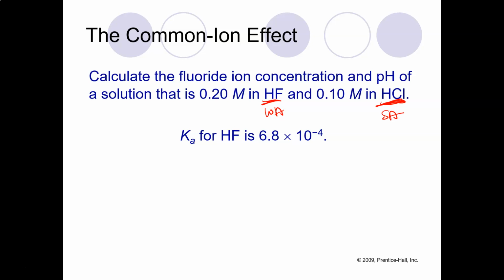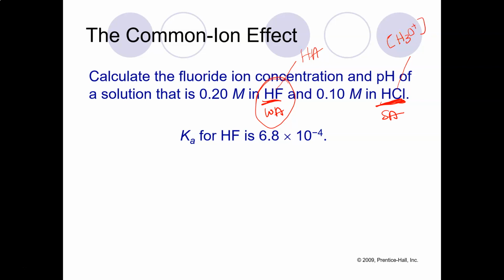Okay, so we have this situation. We've got a weak acid and a strong acid. I want to write my equilibrium equation. Now, I only have one of those. I only have one for HF. Hydrochloric acid is a strong acid. It does not go to equilibrium. So as far as I'm concerned, I could call this HA, right? We said weak acids were HA. And for strong acids, isn't their molarity equal to H3O+?